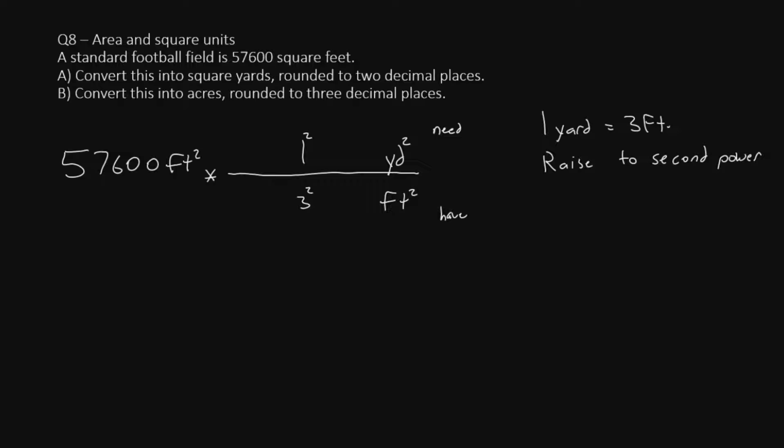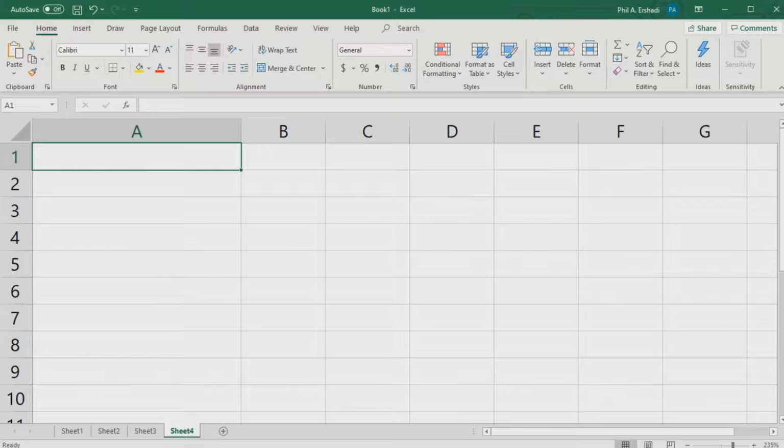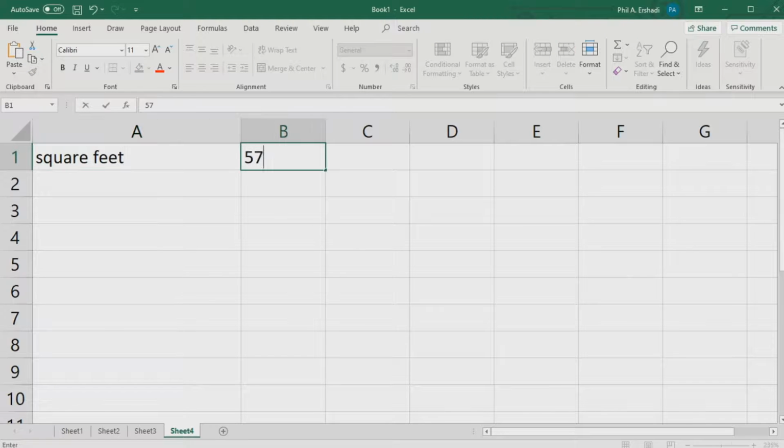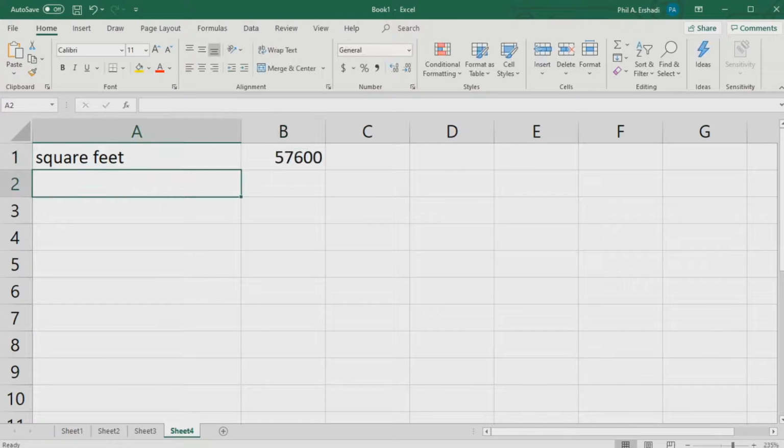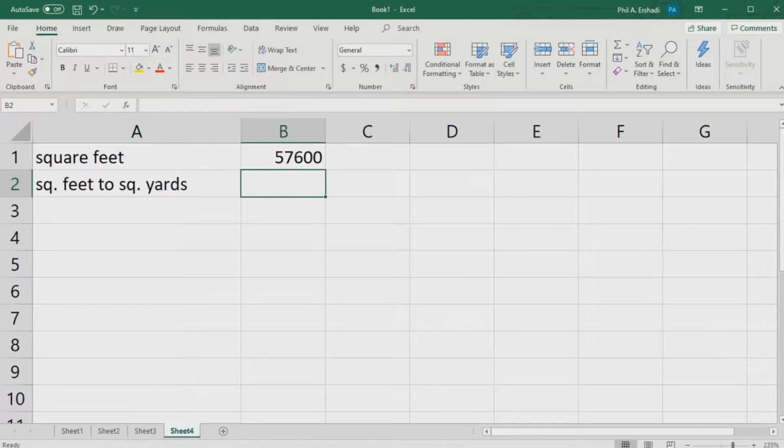However, Excel can handle this without too much difficulty. Our square feet were 57,600. Our conversion factor to go from square feet to square yards was 1 squared divided by 3 squared. We'll say equals 1.